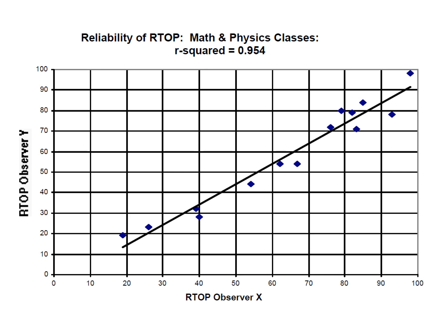You'll notice that when observer Y observed a particular case, if they scored that case low, observer X also scored them low. And if they scored them high, observer X also scored them high. So in this case, the graph depicts a positive correlation between the two observers. A graph like this depicts a high reliability for that particular instrument.